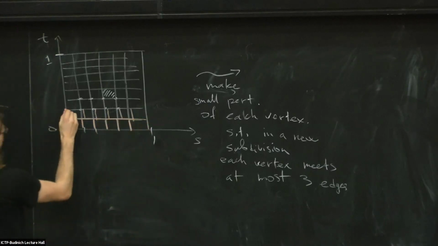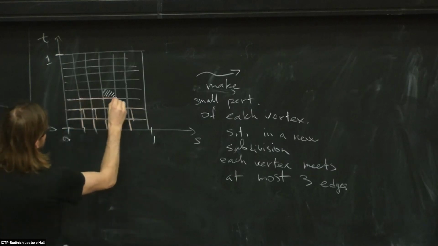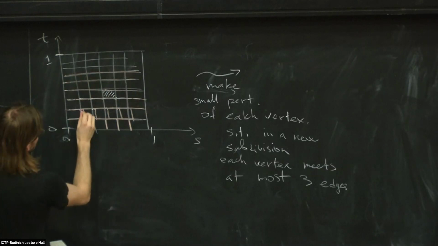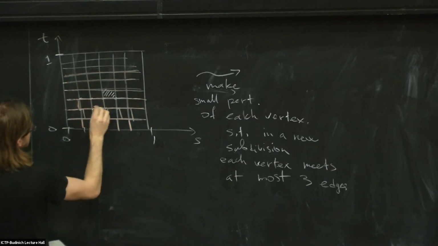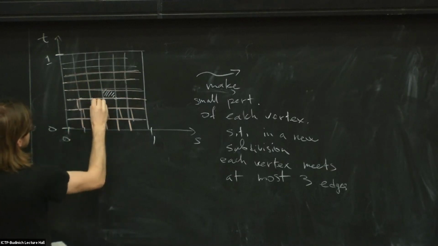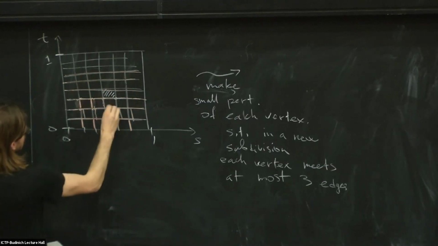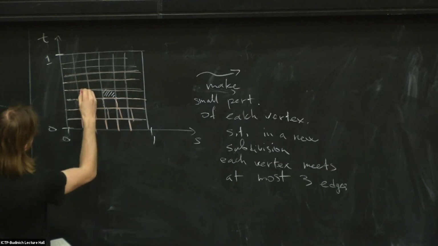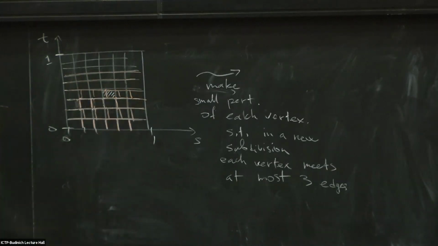You keep all horizontal lines as they were, but you make small shifts of the vertical lines in each other row.